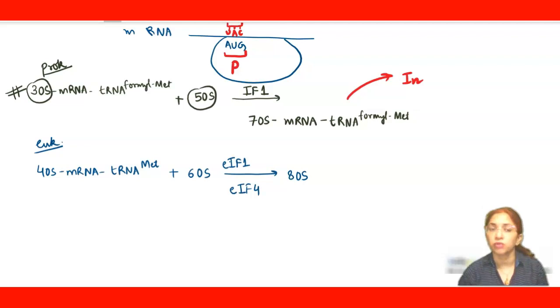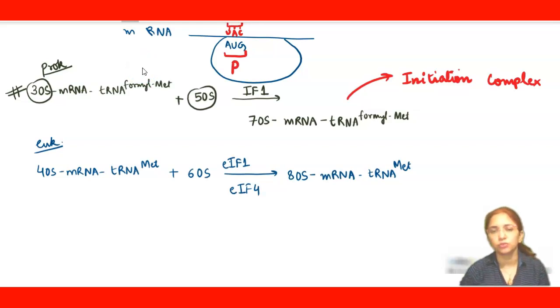Whenever we unite the smaller with the larger one, we get the 80S type of ribosome, and this will be attached to messenger RNA, and this tRNA of course has methionine in it. Okay. Now see, our initiation complex is ready in the case of prokaryotes as well as in the case of eukaryotes. Now stay tuned for elongation and termination in the next video.